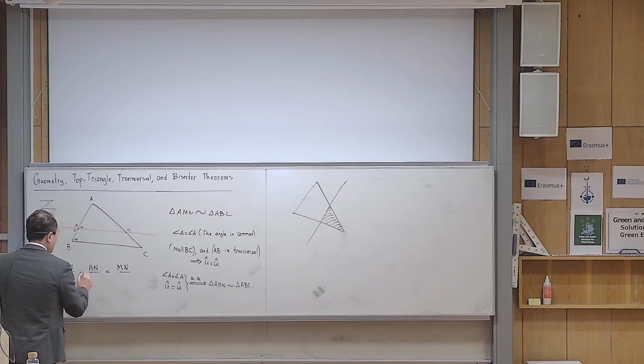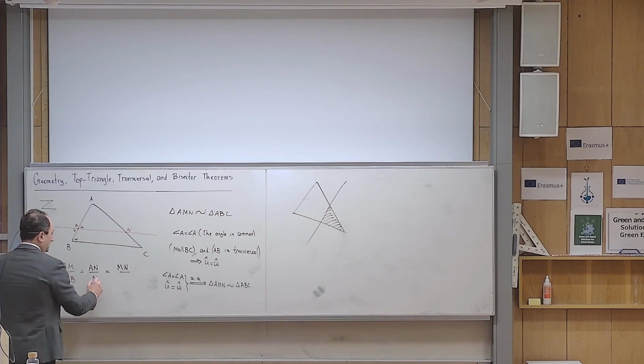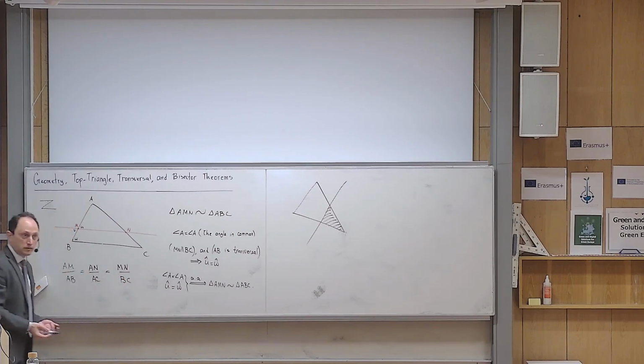There are two equalities that I can write here. If I write AM, what should I write below it? AB, and then AN to AC, and then finally MN to BC. Yes? So this is what I want you to know, okay?